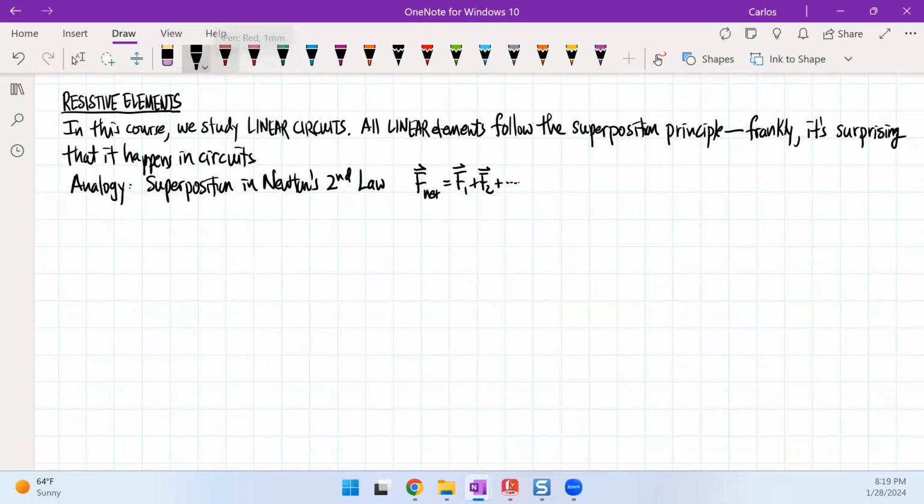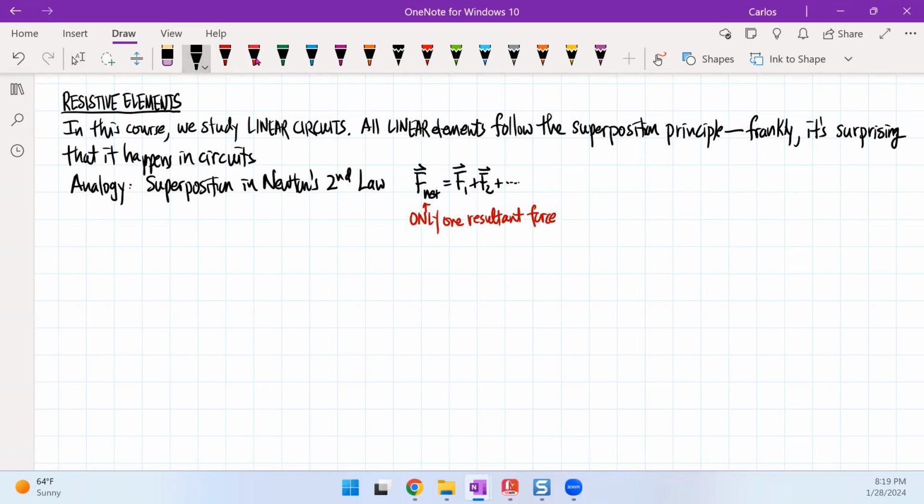But this tells us that there's only one resultant force. Even though there are many forces acting on this, there's only one resultant force.